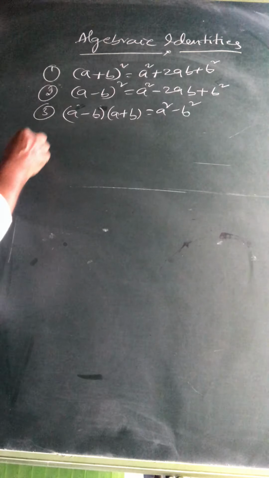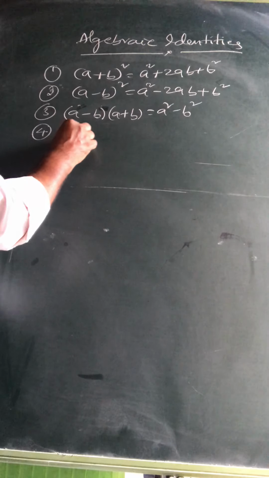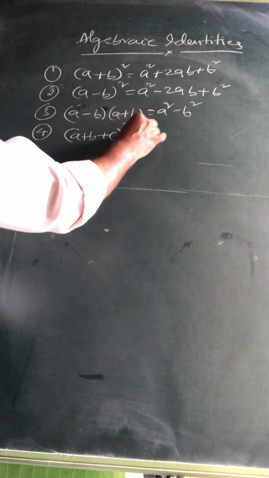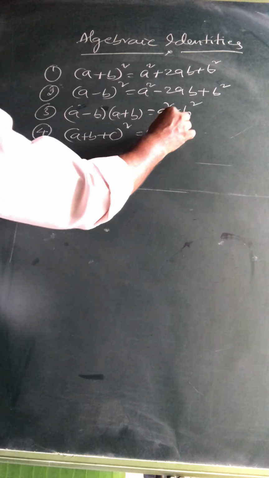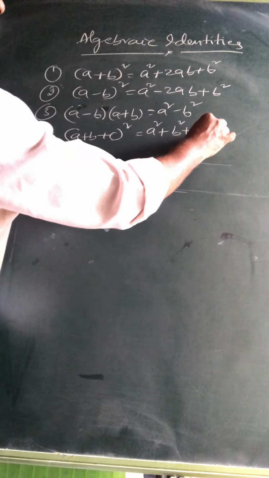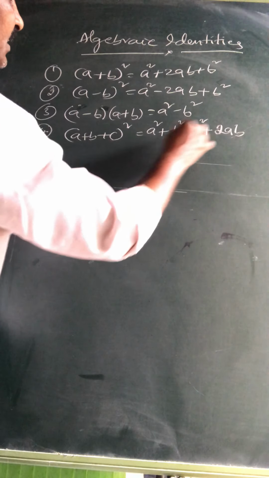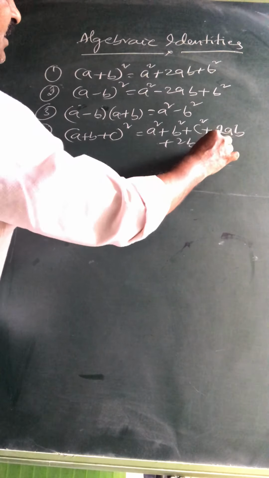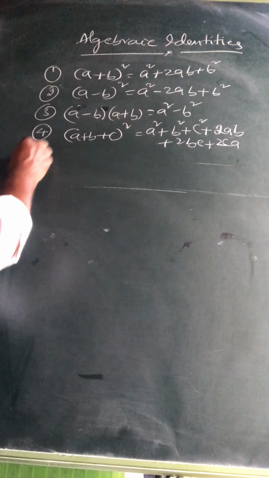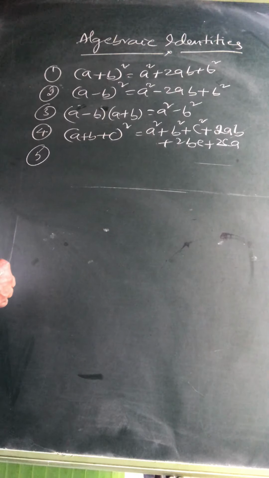Along with this, some more are there. (a + b + c) whole square is equal to a square plus b square plus c square plus 2ab plus 2bc plus 2ca. Then these are all the squares.